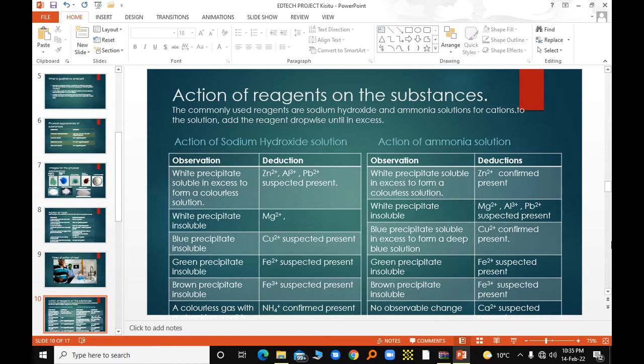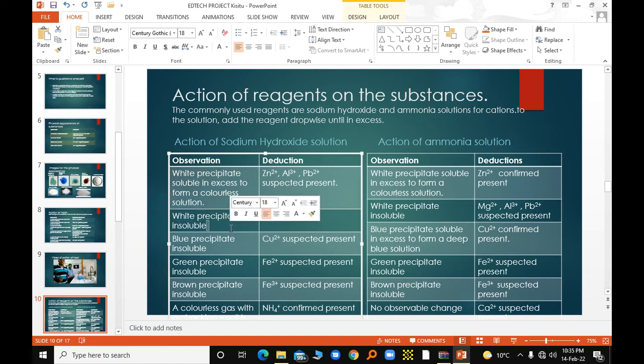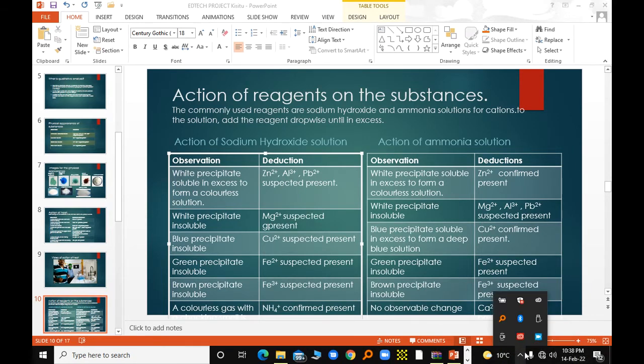So what you suspect is zinc, aluminium, or lead. Next, if you see white precipitate insoluble in excess, it is magnesium which is suspected present.